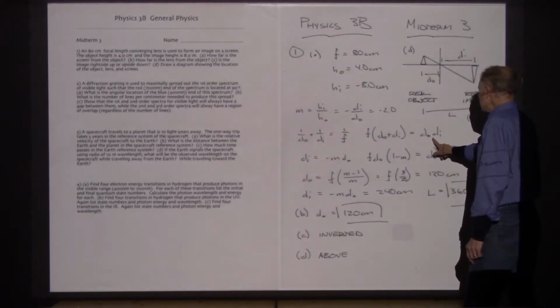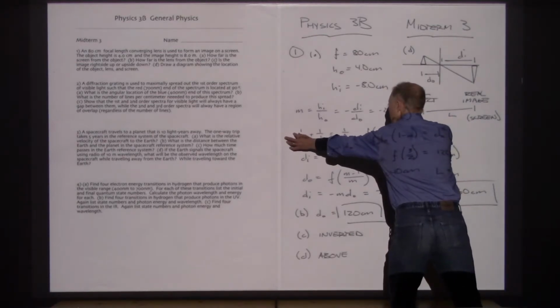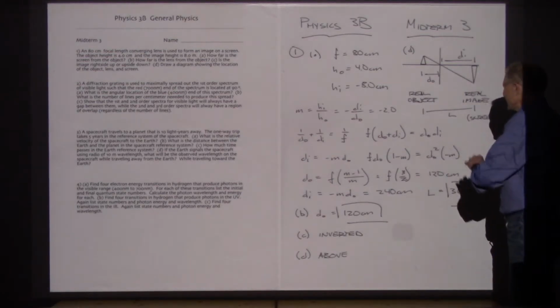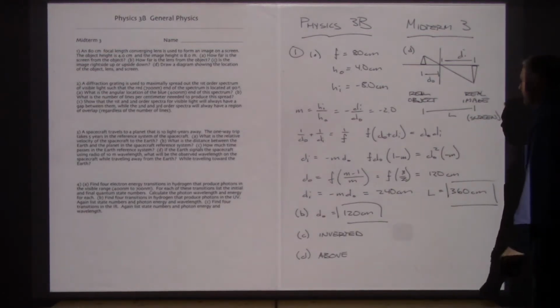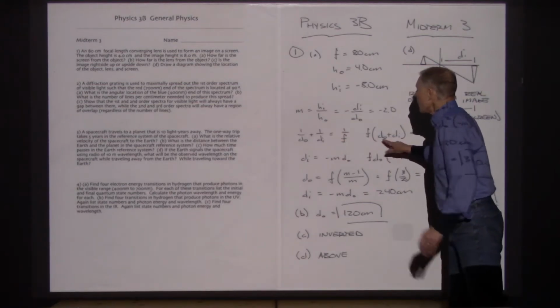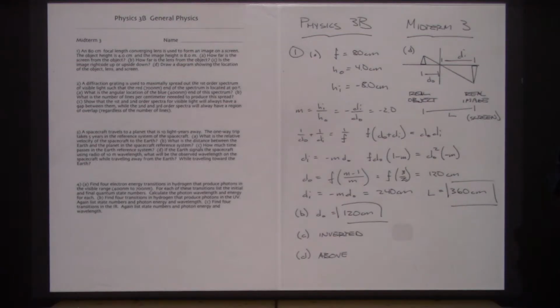And so here's the DODI. Now on this side I'm going to get an FDI plus an FDO, and then I rewrote that. I could have inserted a couple more steps in that algebra, but I'm going from here to here by multiplying through by that common denominator.